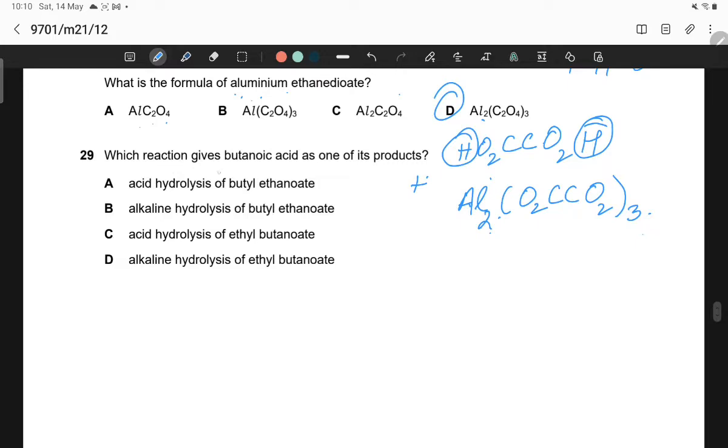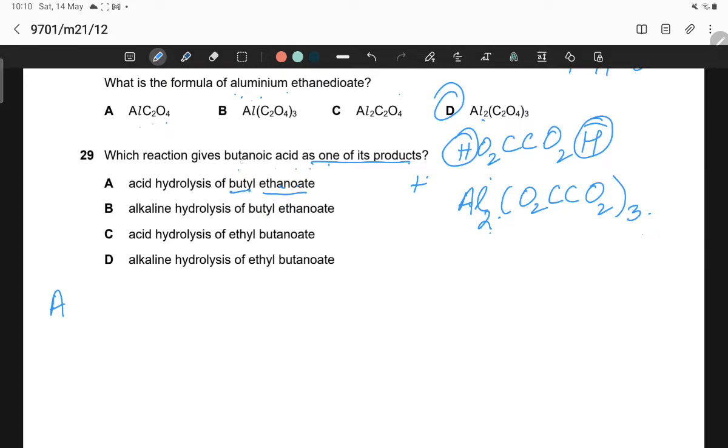Question 29. Which reaction gives butanoic acid as one of its products? Acid hydrolysis of butyl ethanoate, option A. So this is butyl ethanoate. This is ethanoic acid, not butanoic acid.